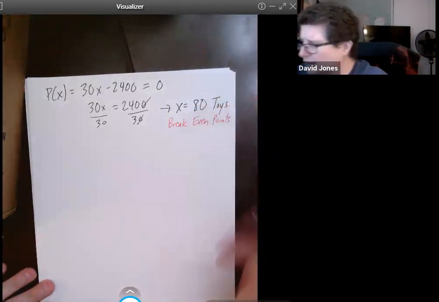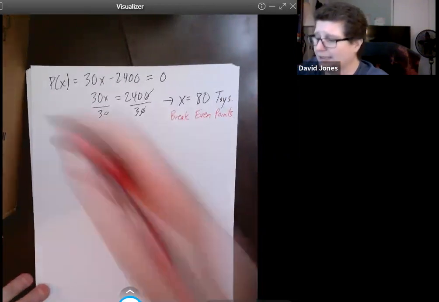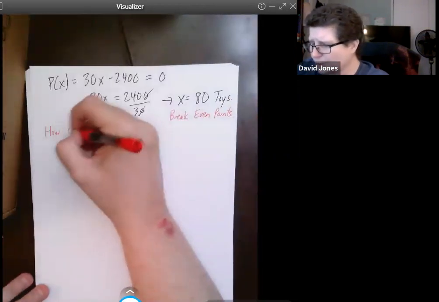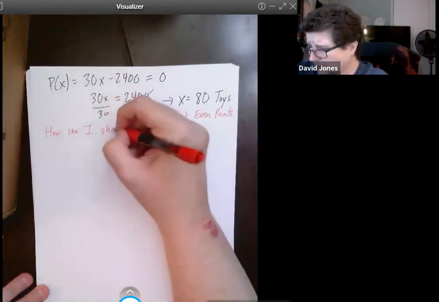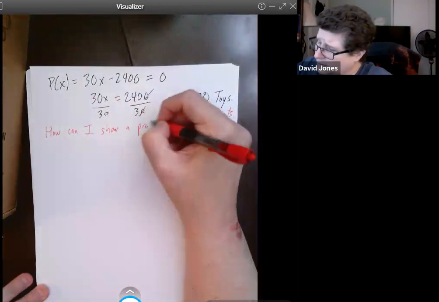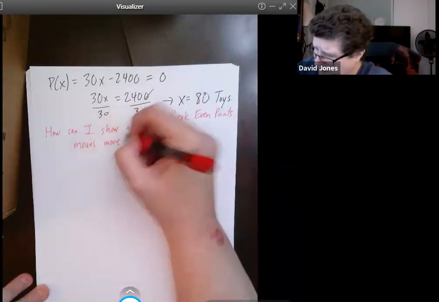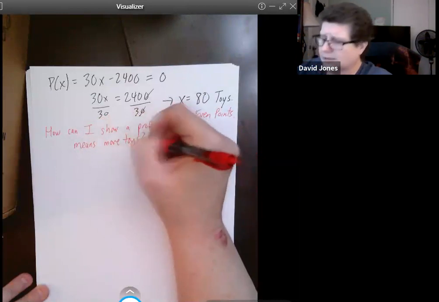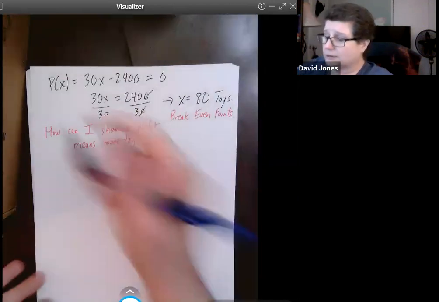I told you anything a lot higher than that is when we make a profit. How can I show a profit is higher? Means more toys. A profit is when your profit function is greater than 0.